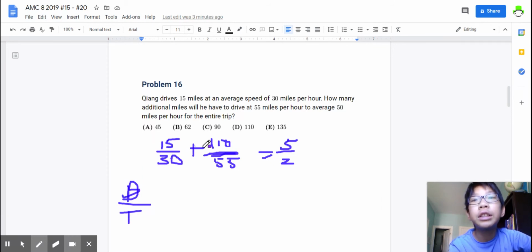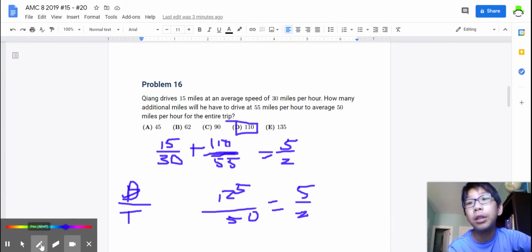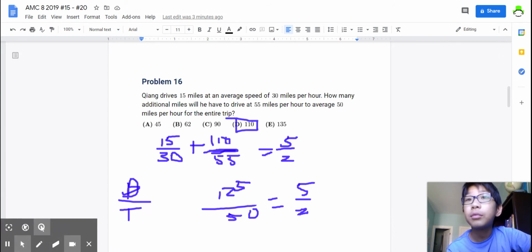And we know that our distance is 15 plus 110, giving us 125. And we know that our time is 50 because we want to average 50 miles per hour. So this also gives us 5/2. And since these two are equivalent, then D, 110, works and is the correct answer.